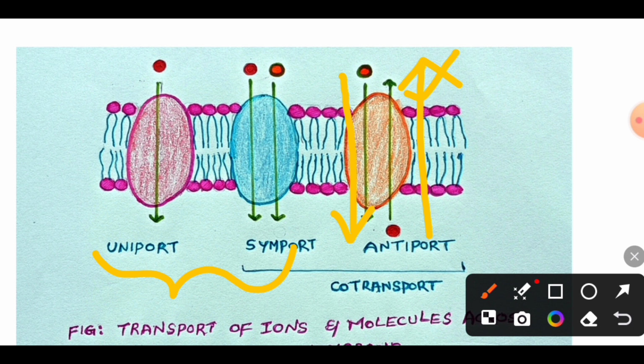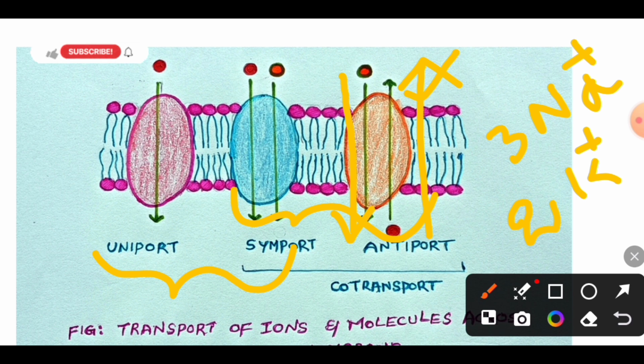For example, the antiporter protein transports 3 Na plus ions out of the cell in exchange for 2 K plus ions into the cell. Symport and Antiport are collectively called co-transport.